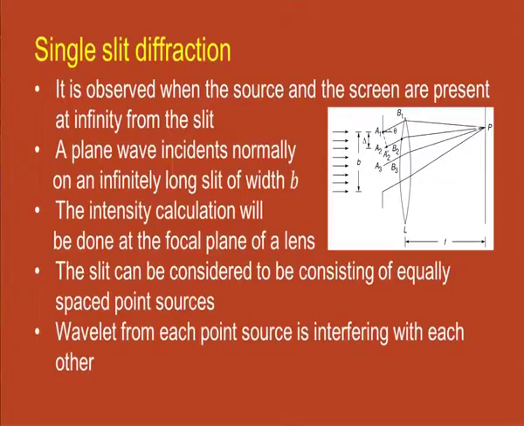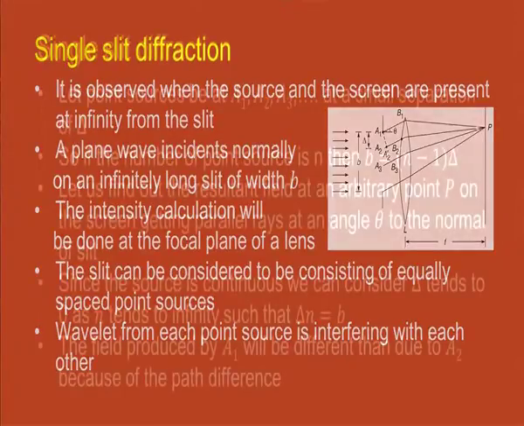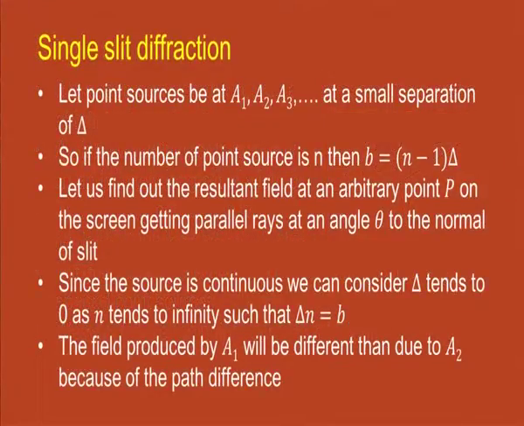So, as you can see in the figure, for single slit diffraction, let point sources be at A1, A2, A3 and so on at a small separation of delta. So, if the number of point sources is n, then we can represent the width of the slit b as equal to n minus 1 into delta.